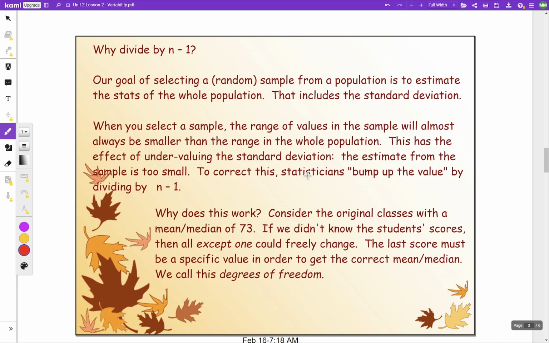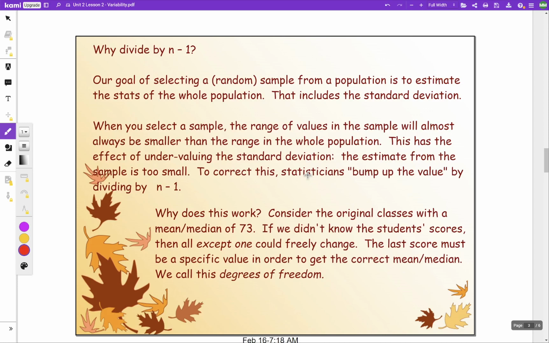If I want a sample of your test scores, the sample will have a smaller range than the entire class, because the only way to get it to match is for my sample to have the highest test score and lowest test score. My range of my sample can never be bigger than that of my population, right? But your mean could be bigger or smaller.